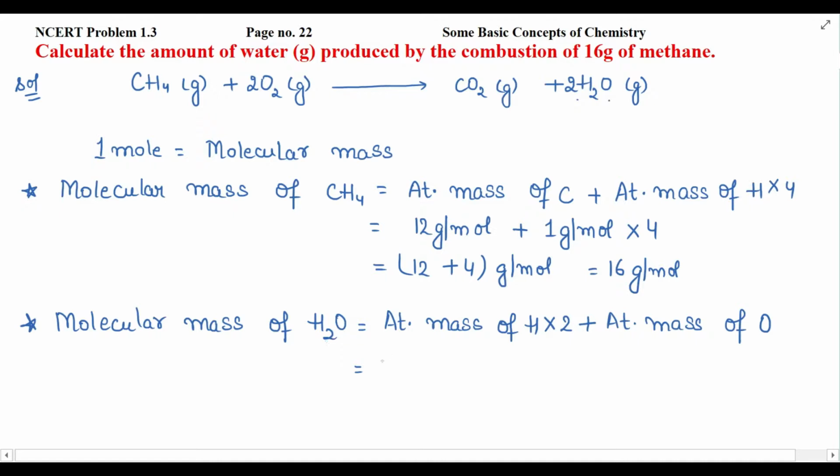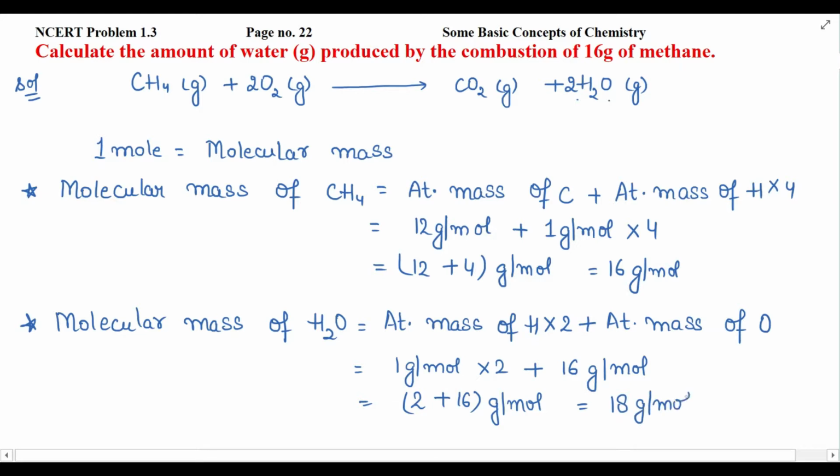Okay, so atomic mass of hydrogen 1 gram per mole into 2 plus atomic mass of oxygen 16 gram per mole, right? So I'll take the units common, right? So 1 into 2, that means 2 plus 16, right, gram per mole equal to 18 gram per mole, right?